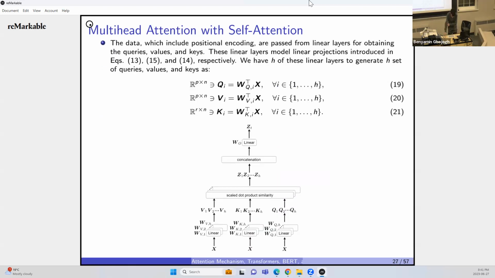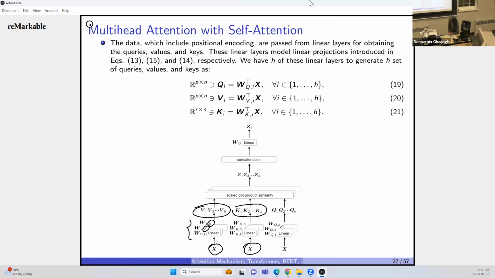Now, what do we do? So this is what we had. We have X, we have several W's for each of the heads. So WV1, WV2 to WVH, it gives me V1 to VH values. I have X also, WK1 to WKH.